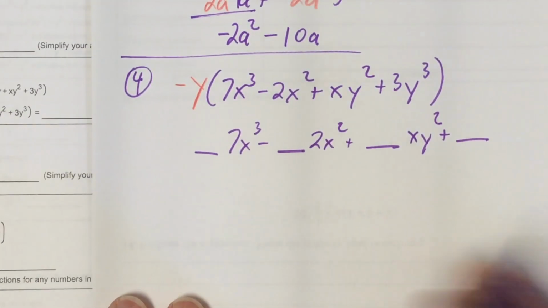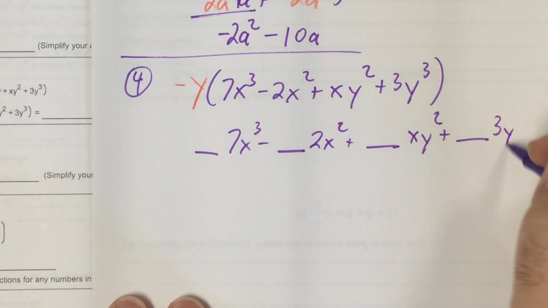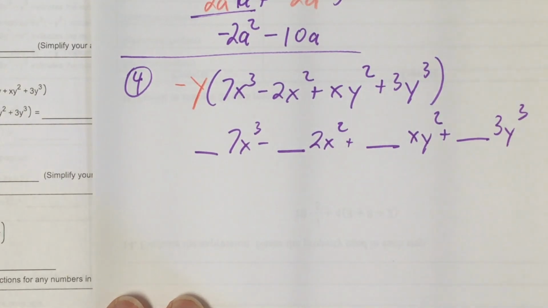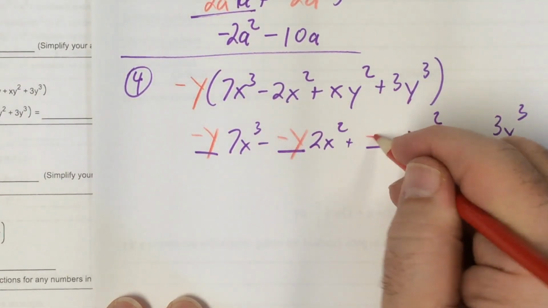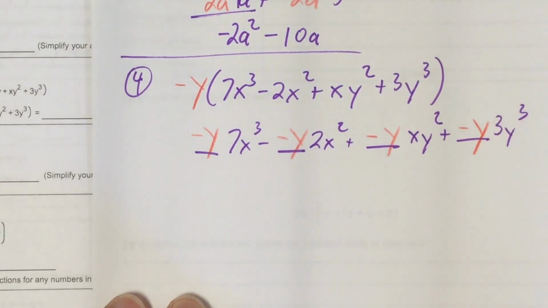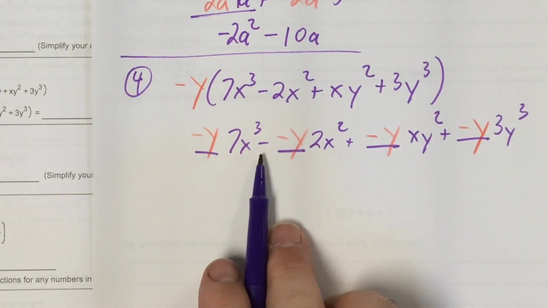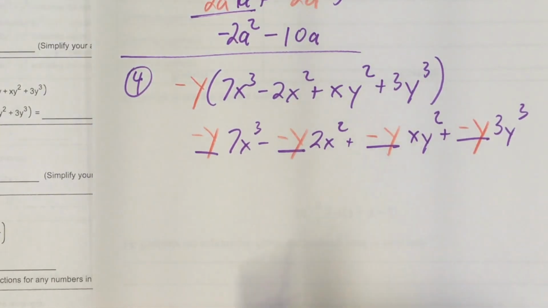And make sure again that everyone can see that. So in each space here, I'm putting negative y, negative y, negative y, negative y. And that's what it is to distribute. So what we're going to do now is look at each part of this separated by the minus and plus sign and do the multiplication.